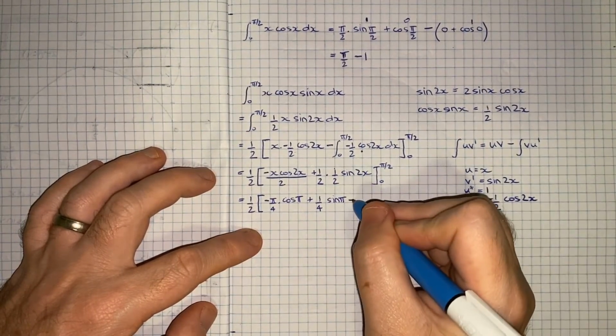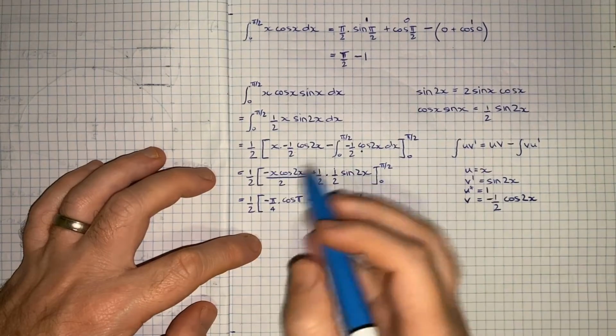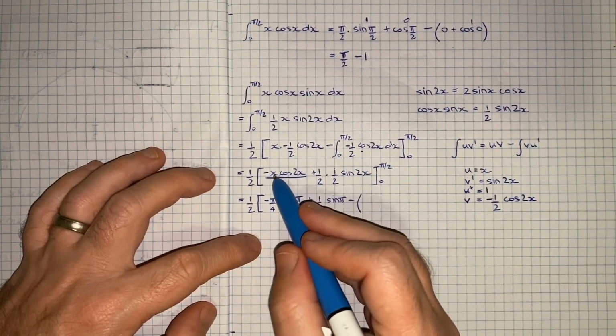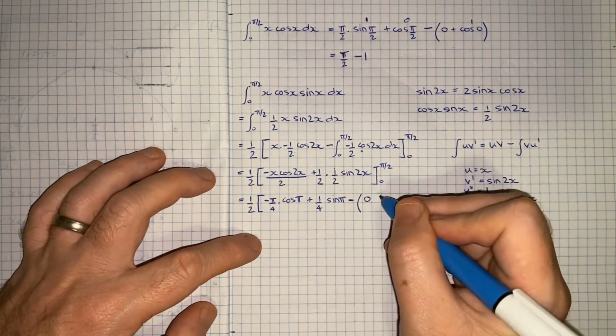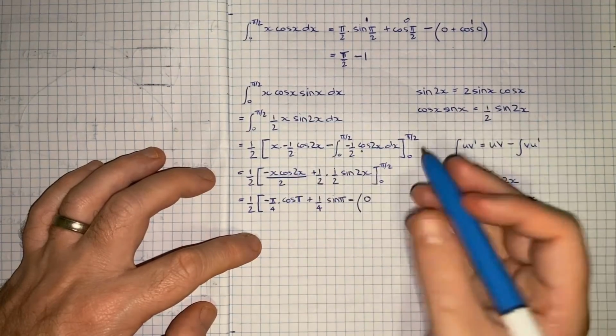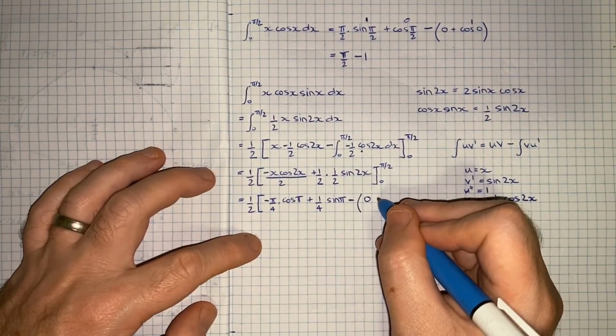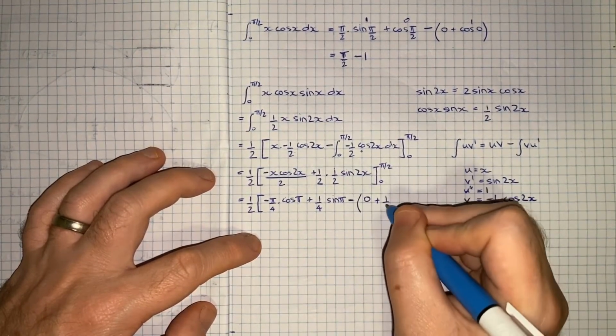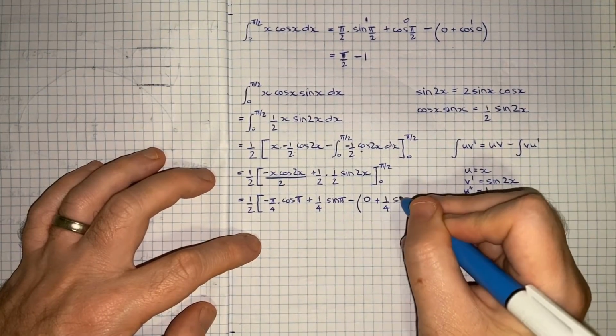And it's going to be minus, and this will just become 0, or minus 0 is just 0, plus a quarter times sine of 0.